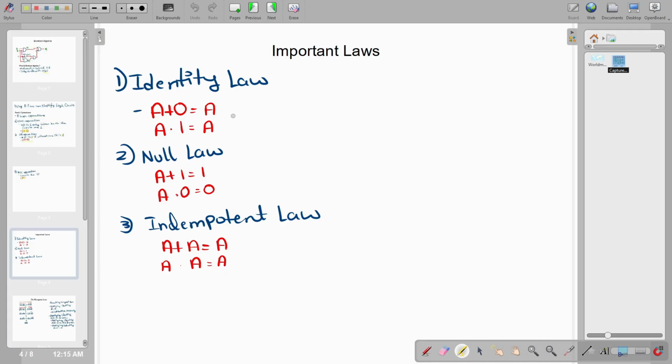In the identity law, A plus 0 is equal to A, and A dot 1 is equal to A. Coming to the second law, the null law, A plus 1 is equal to 1 and A dot 0 is equal to 0. And the third law is the idempotent law. In the idempotent law, A plus A remains A and A dot A remains A.